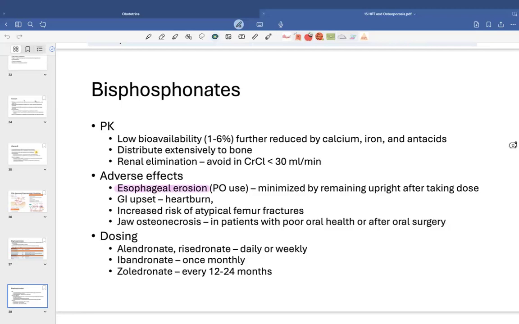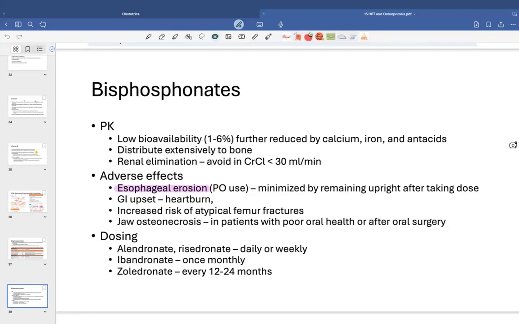How you minimize that is by making sure the patient remains in an upright position so that gravity can bring the tablet down the esophagus as it's supposed to after you take the dose. So the patient counseling tip is to take it first thing in the morning on an empty stomach and remain upright for 30 minutes. Empty stomach because of limited bioavailability, and upright because of the risk of esophageal injury.